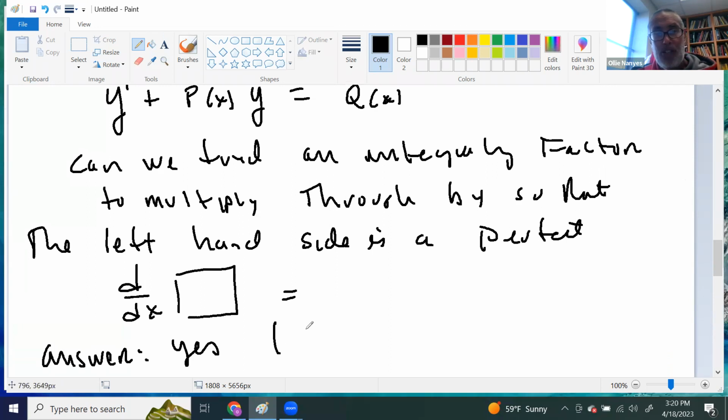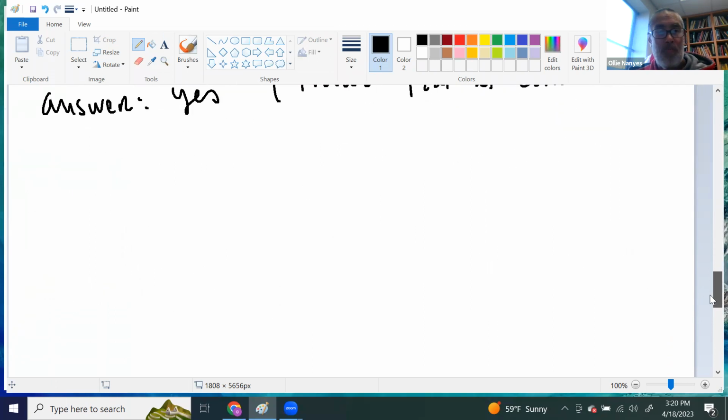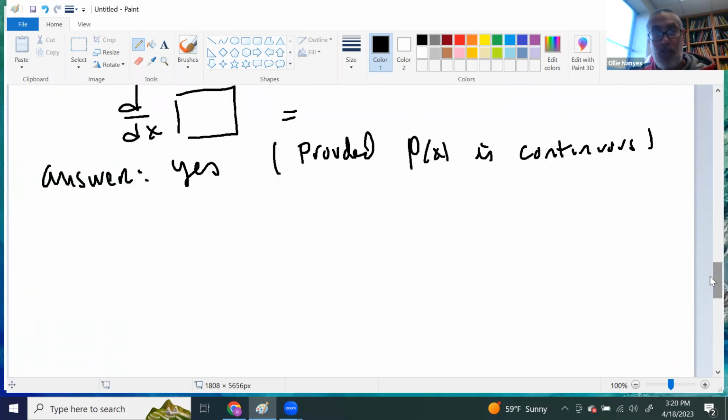Now, for those experts here, this is provided p of x is continuous, and it's going to be on some domain. So let's just keep in mind, what works?